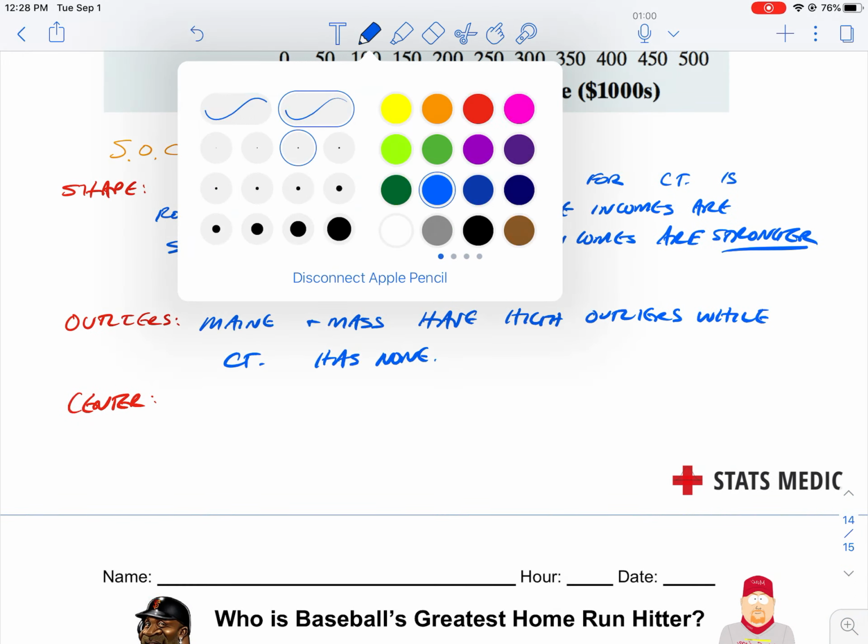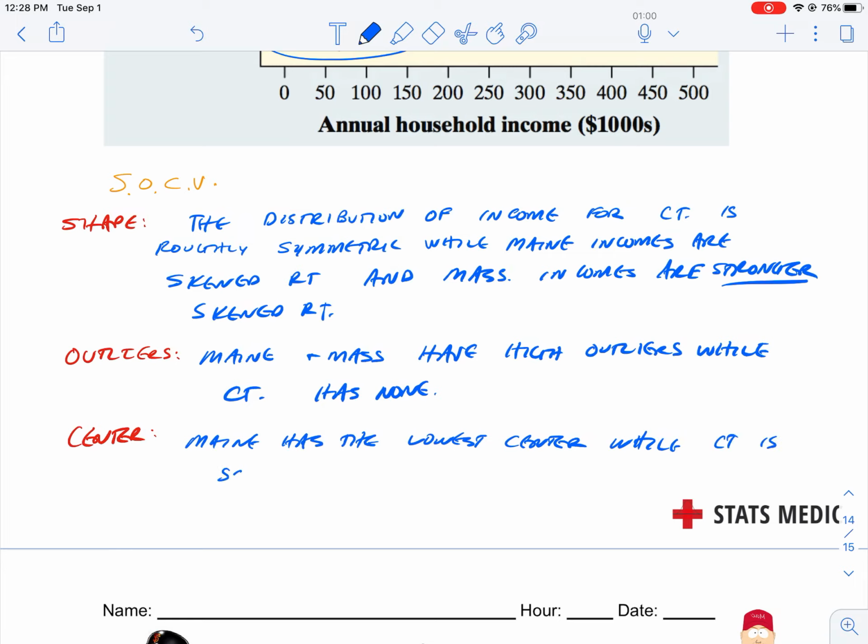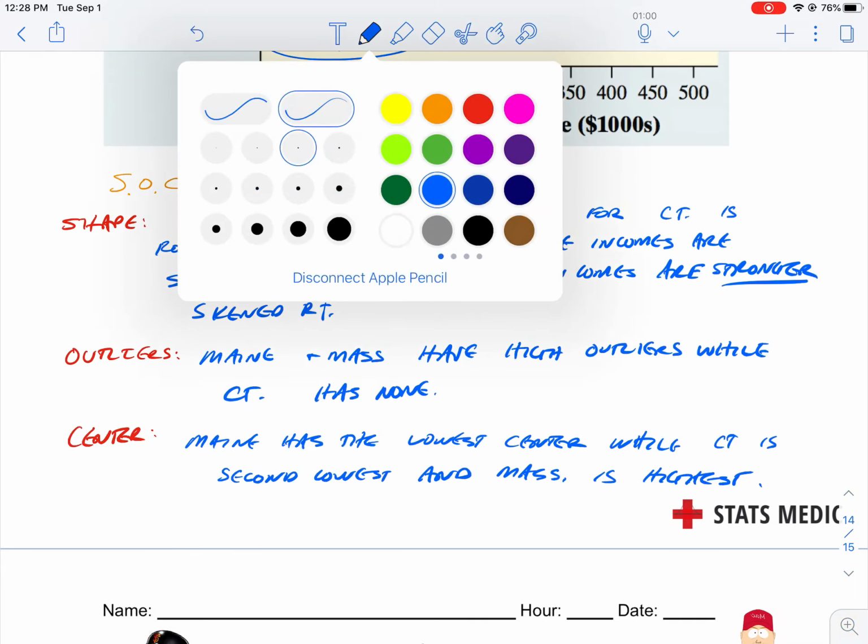So I'm going to say Maine has the lowest center, while Connecticut is second lowest, and Massachusetts is highest, or has the highest center.